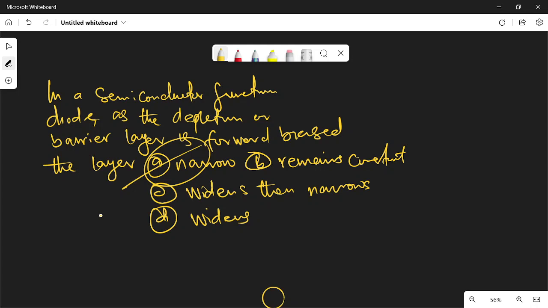The question says that the battery connection that permits current to flow across a PN junction is called A. Amplification, B. Rectification, C. Forward bias, D. Reverse bias. So forward bias.